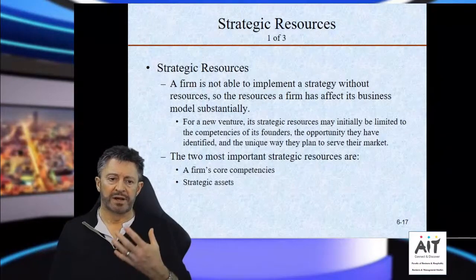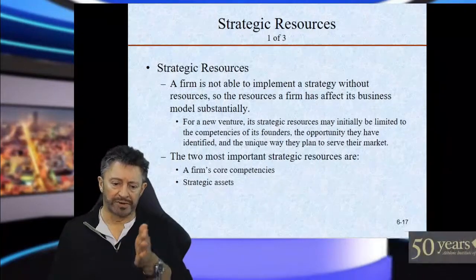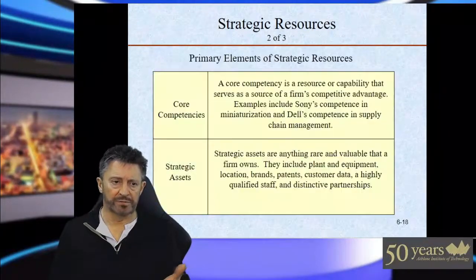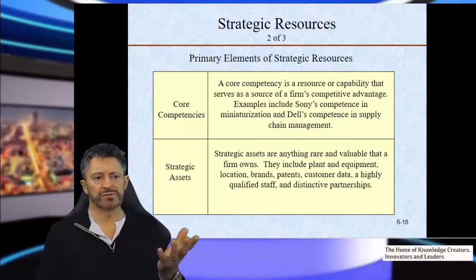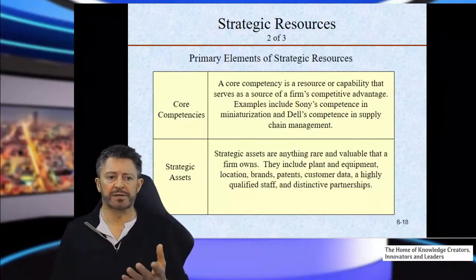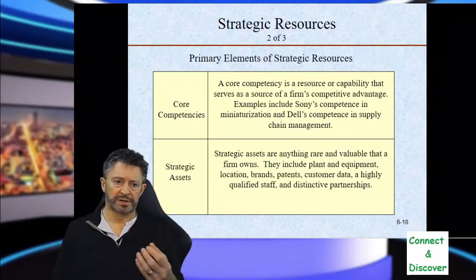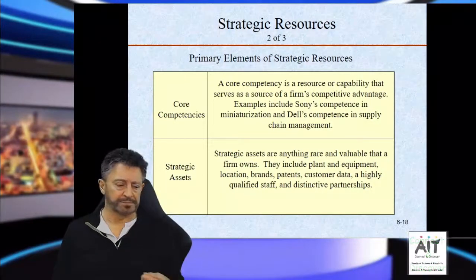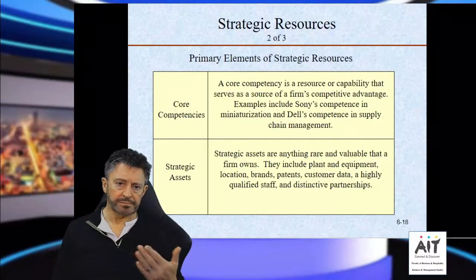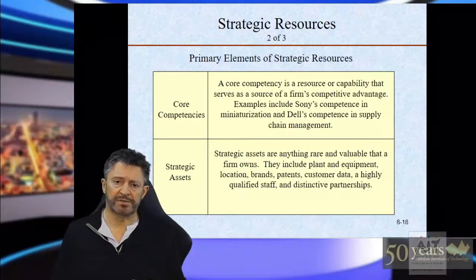Those elements that you do or already have can form your strategic assets. Strategic assets are anything rare and valuable that a firm owns: the intellectual property, how the product is made, the technology used, the idea itself, the process of manufacturing.